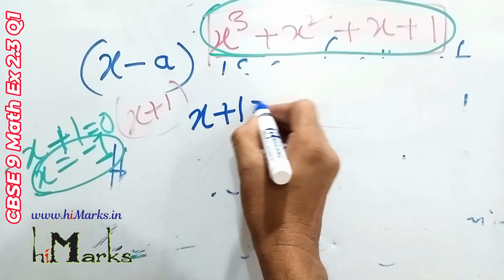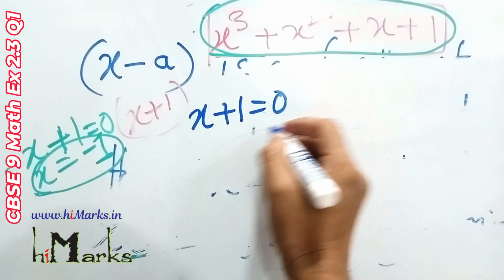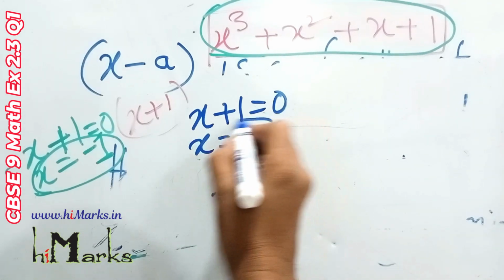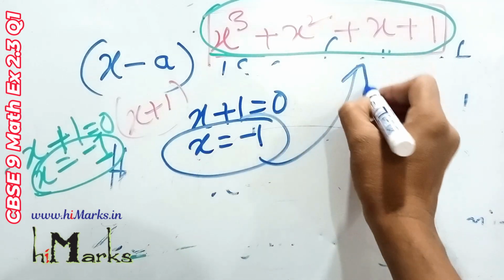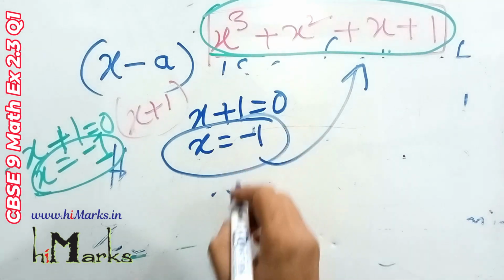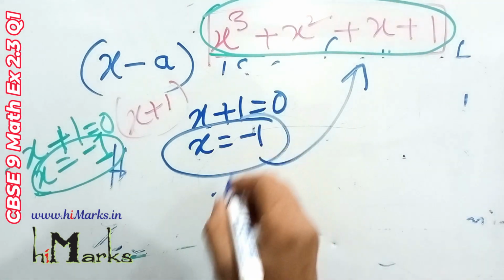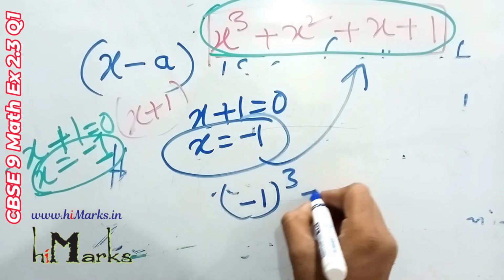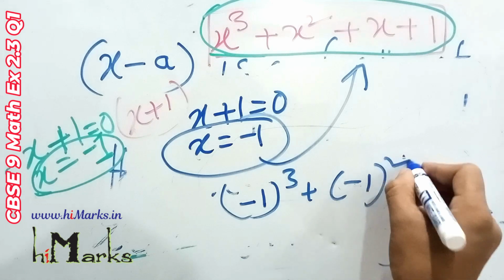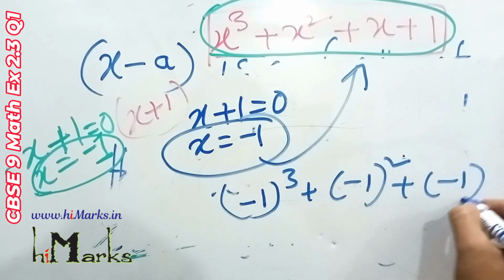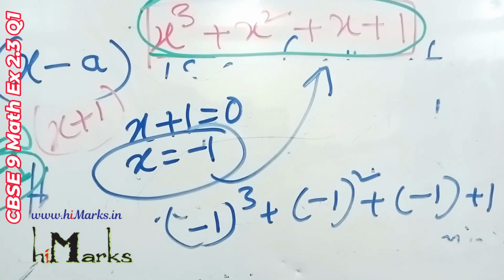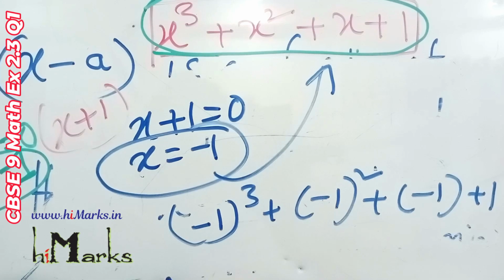Let's take one example. If it is asked whether x plus 1 is a factor of this or not, what will we do? x plus 1 will make 0, so from there it will give x equal to minus 1. You apply this value here. So x equal to minus 1: if you put it here, minus 1 cube plus minus 1 whole square plus minus 1 and plus 1.